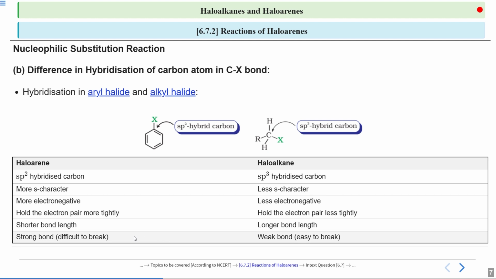So, you need higher energy to break that bond. So, it is difficult for the nucleophile to attack the carbon at which halogen is present in the haloarenes, because the bond is stronger due to the more electronegativity or sp2 hybridization of the carbon.